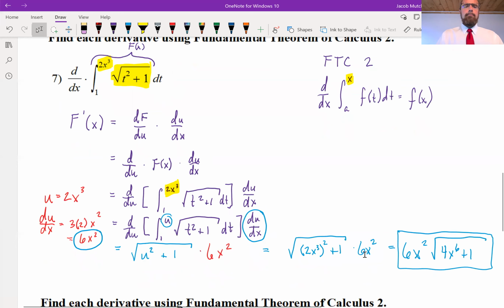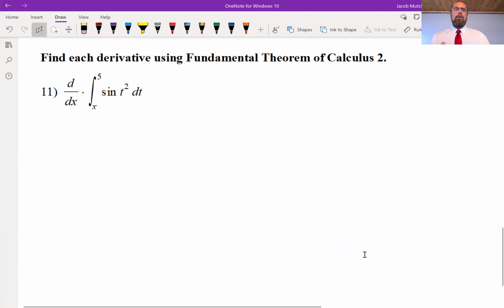Our last example is this one where our limits of integration are switched. So notice this is the derivative d/dx of the integration from variable x to constant 5. So notice that flips the order from what I normally see in fundamental theorem of calculus 2. The integrand here is sine of t squared and then dt.